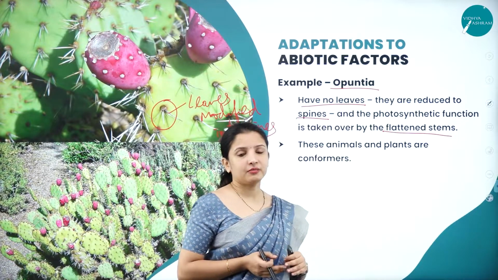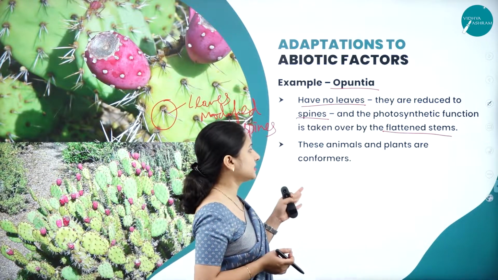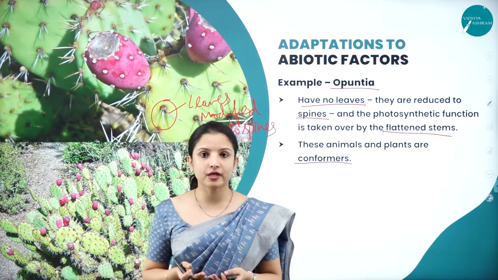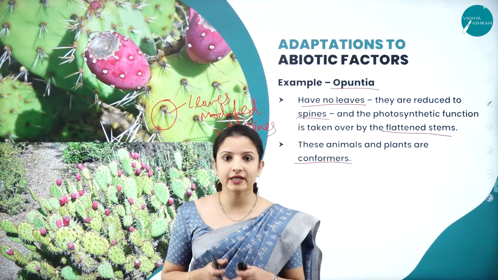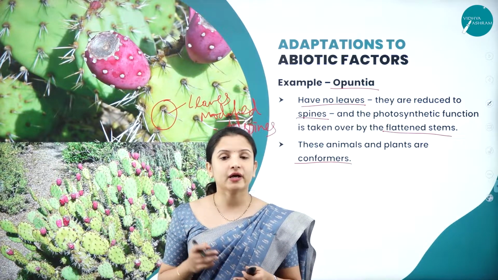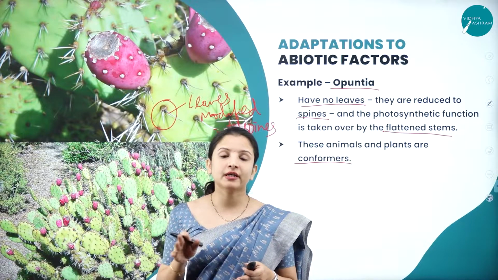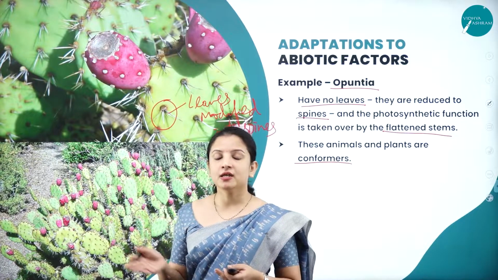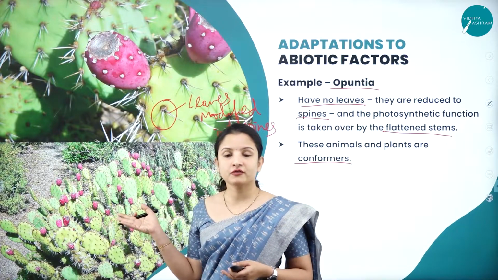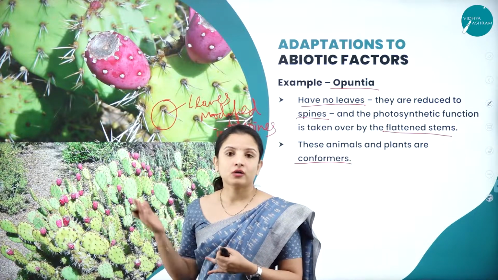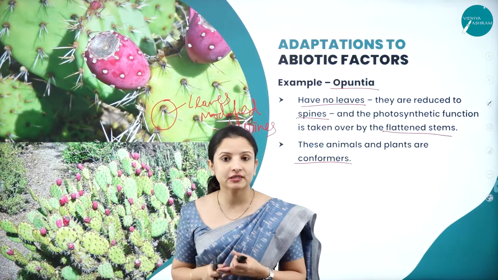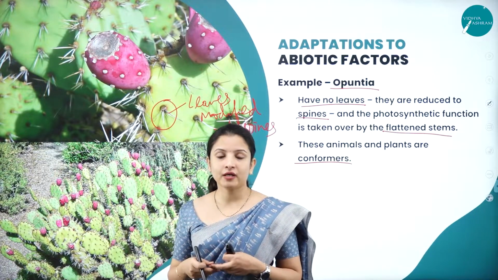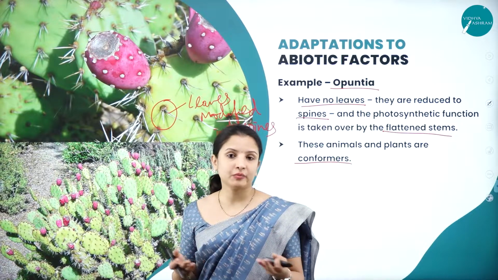And these animals or plants that are growing in the deserts are called conformers. So what are conformers? Conformers are those organisms which are not capable of regulating their body temperature. So they either migrate to a different place, or they adapt themselves in various ways, or they completely suspend their activity. So these conformers which I have mentioned so far, be it the kangaroo rat or the succulents, that is the crassulacean acid metabolism plants or CAM plants, then this Opuntia or the prickly pear, all these cannot migrate because they are plants, right?